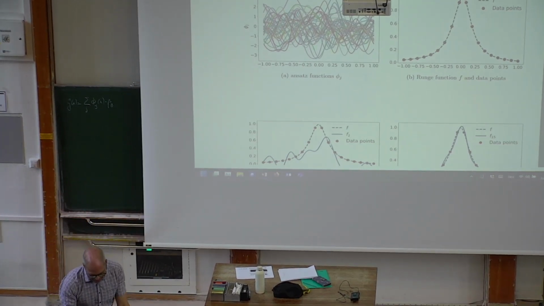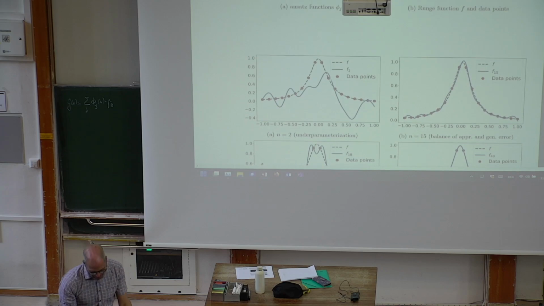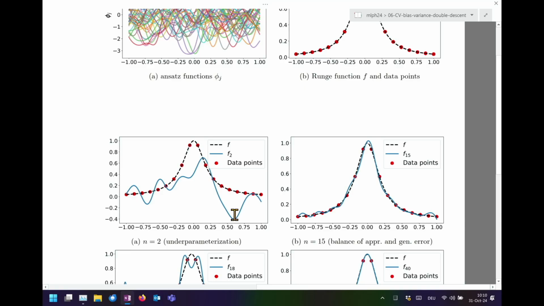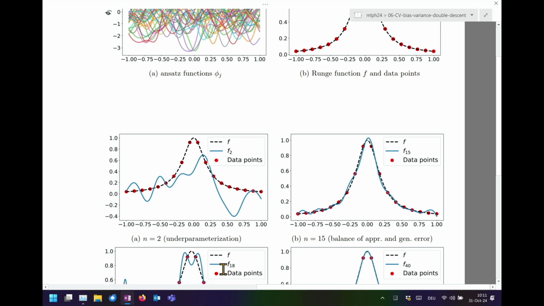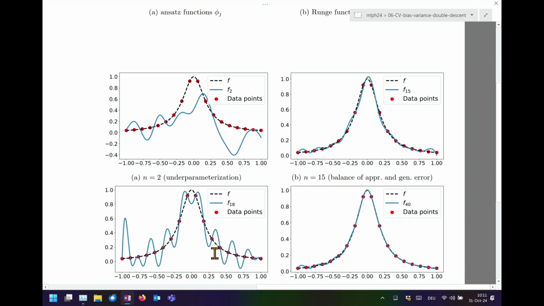All right, now if only two of these random functions are used, well, we get, you know, this strange fit here. If 15 of these functions are used, a pretty nice fit is obtained. And if 18 functions are used, perfect interpolation is obtained.